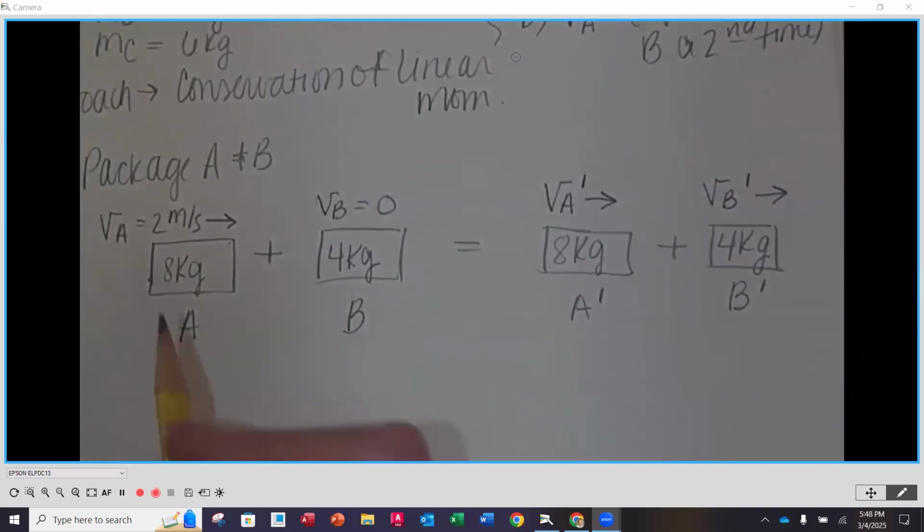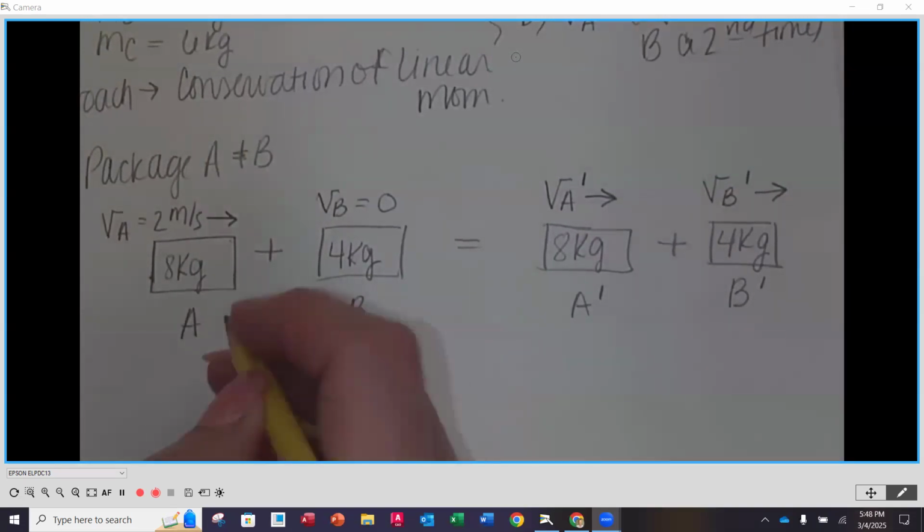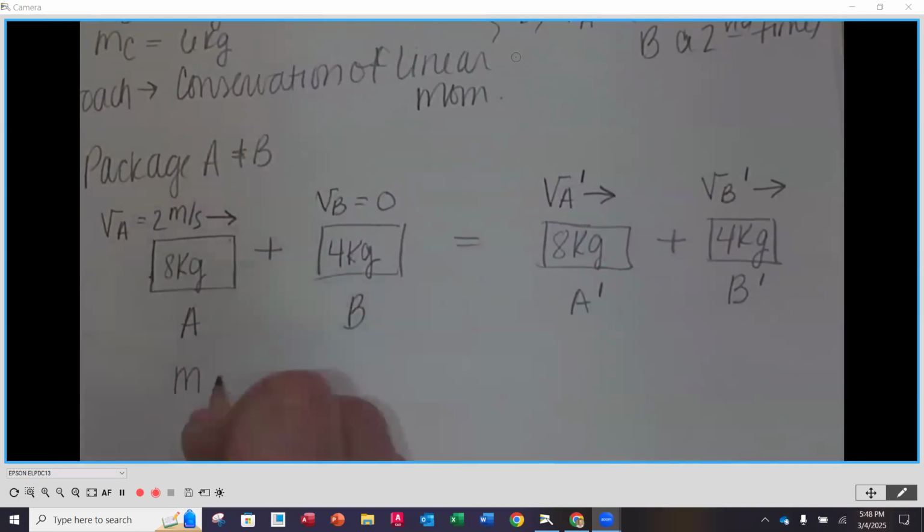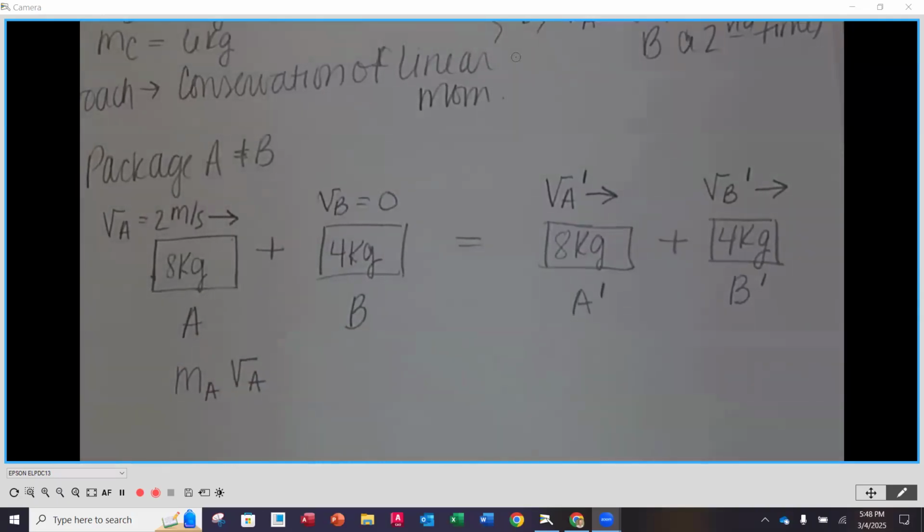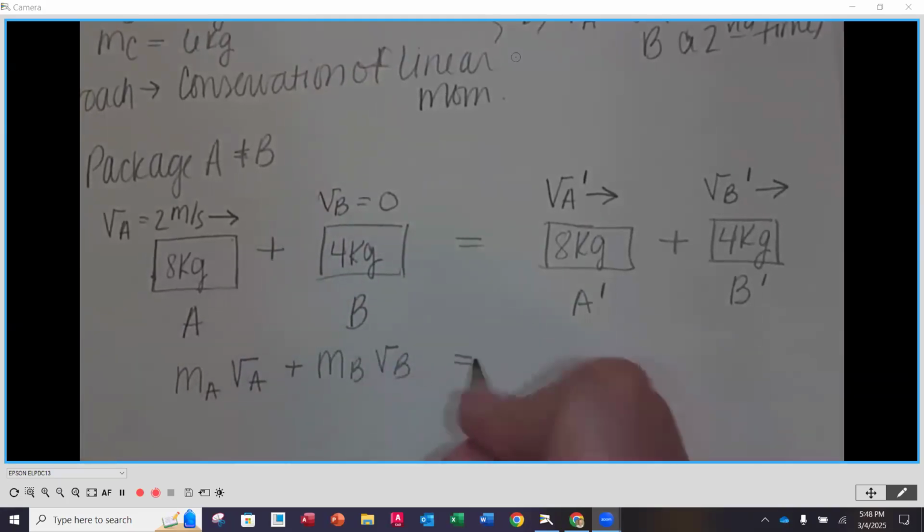So starting off, let's do the conservation of linear momentum. We know that momentum is mass A times velocity A. That's going to be our before side, plus mass B times velocity B. I want to clarify here, and I know you guys have done problems like this in physics already, but it's a good reminder.